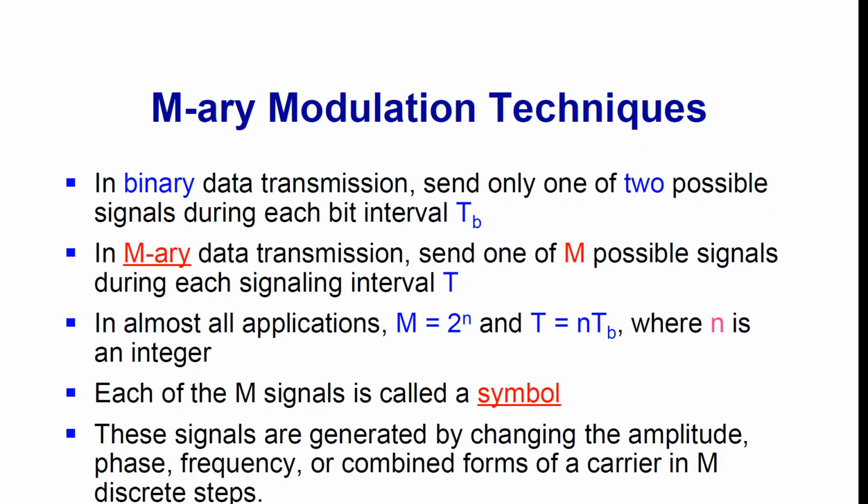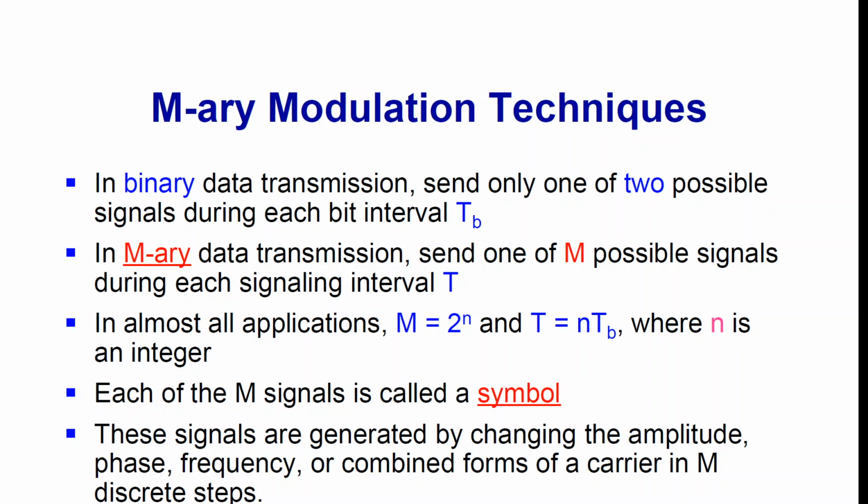So during each signaling interval capital T, one of these capital M possible signals will be transmitted, and this signal will correspond to a combination of n bits, where n is always an integer. This symbol duration is capital T, where capital T is the number of bits times TB, where TB is the duration of a single bit.